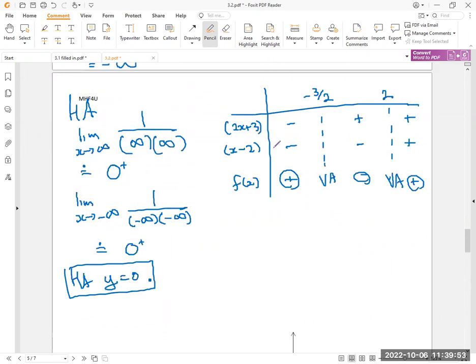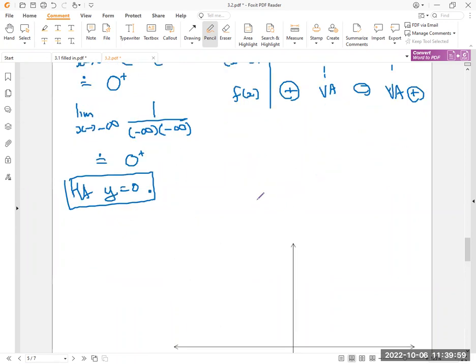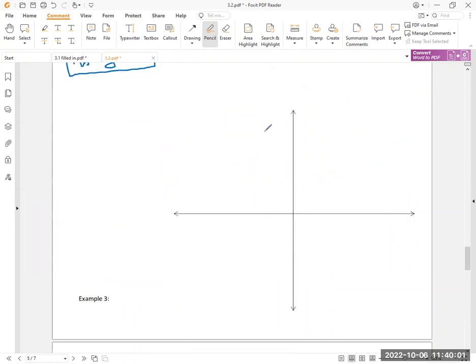If you're still copying, there it is. All right. Vertical asymptotes, negative 1.5 and 2.